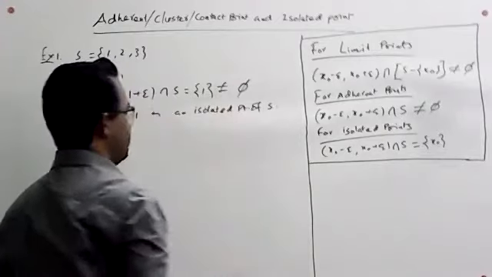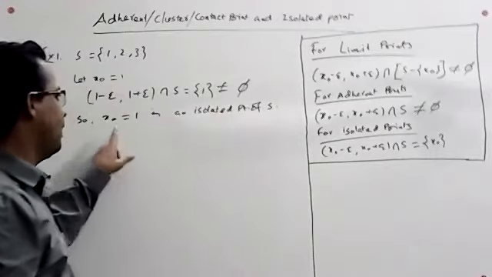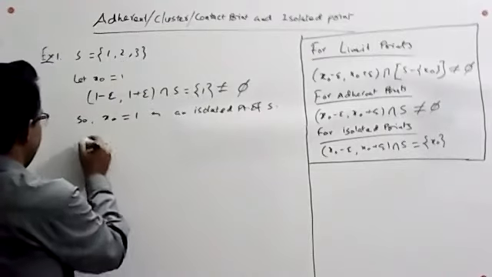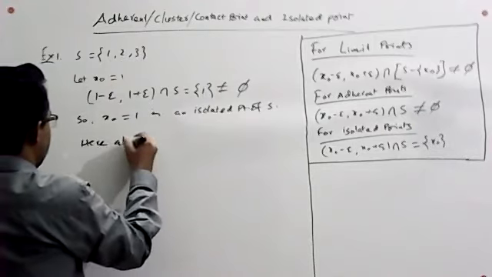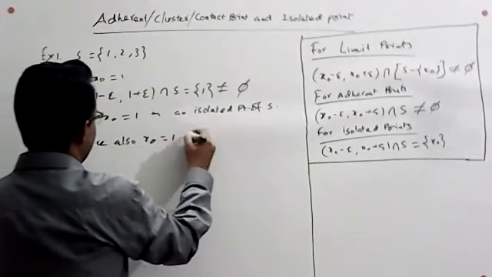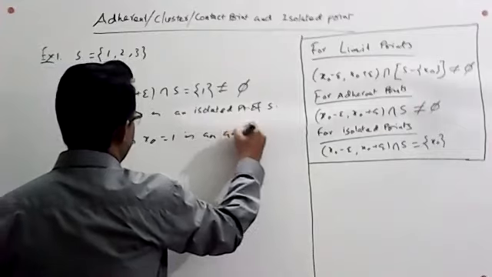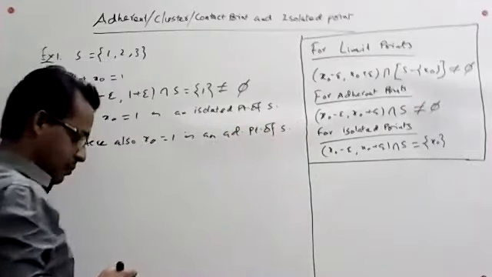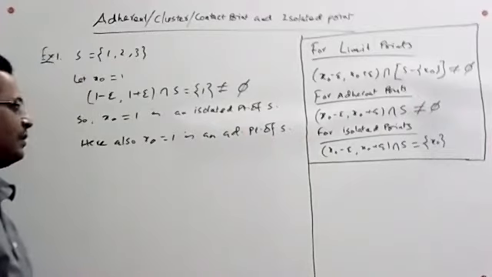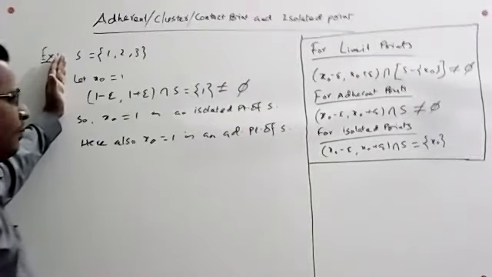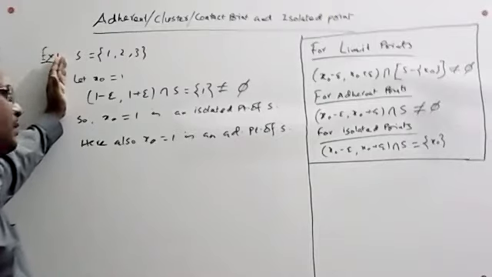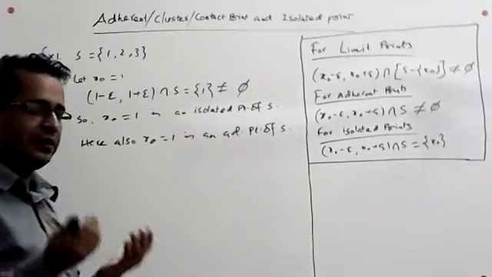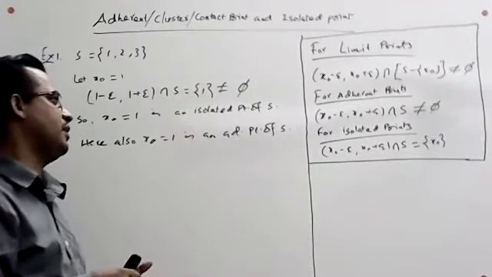Since it is non-empty, we can say that 1 is an adherent point of S. Here also x0 equal to 1 is an adherent point of S. So we can say easily that if a set has an isolated point, then it is an adherent point.